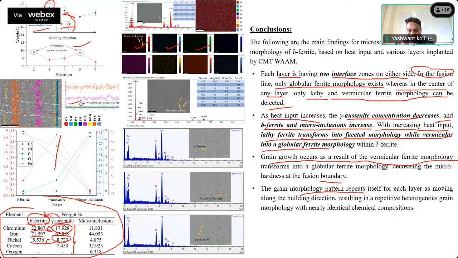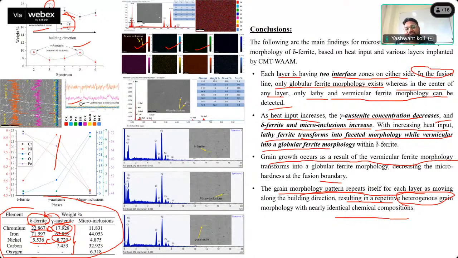This grain morphology pattern repeats itself for each layer along the building direction, resulting in repetitive heterogeneous grain morphology with nearly identical chemical composition. The term heterogeneous grain morphology refers to how different morphologies are present in one microstructure.